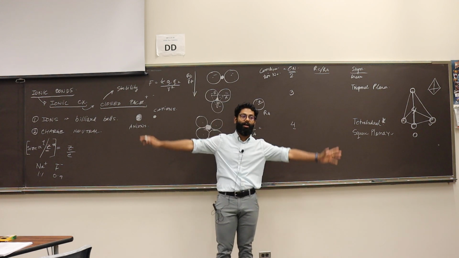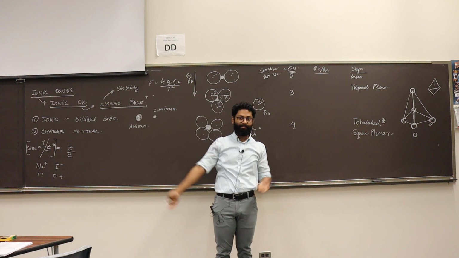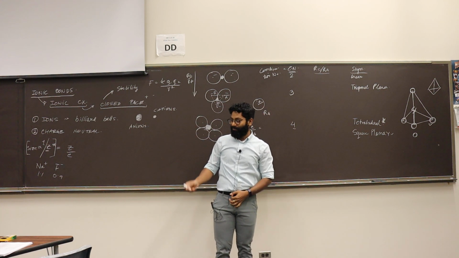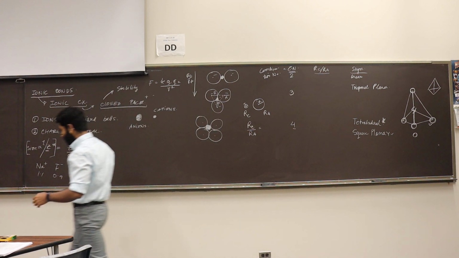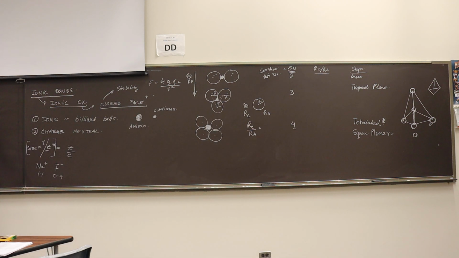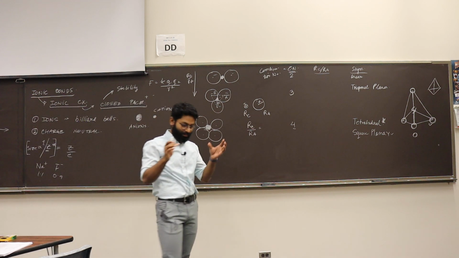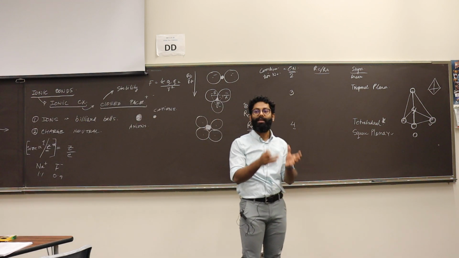Out of all the elements in the periodic table, we'll see that when we'll be studying nucleosynthesis, if we get the time, and how elements are forming. So during the Big Bang, certain elements form.